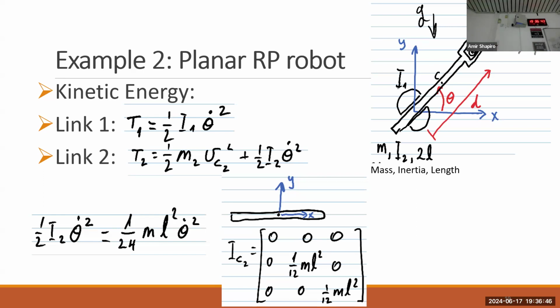So we have here a robot that can extend and can also rotate. It has a base that can rotate, and then the robot can extend, and it holds a mass at the end. So we have the inertia of the base. We have the displacement d, how much it moves outside.